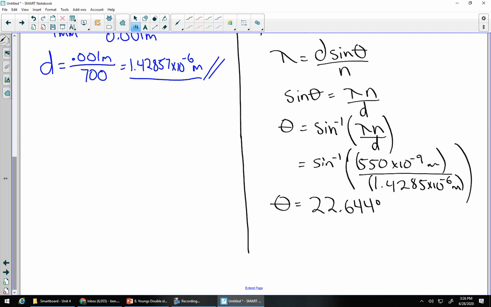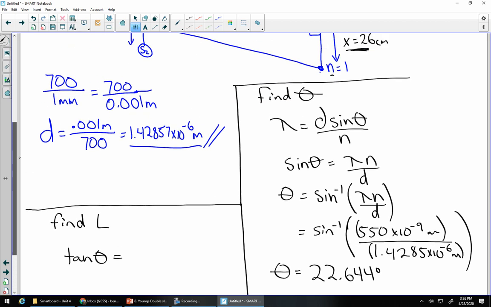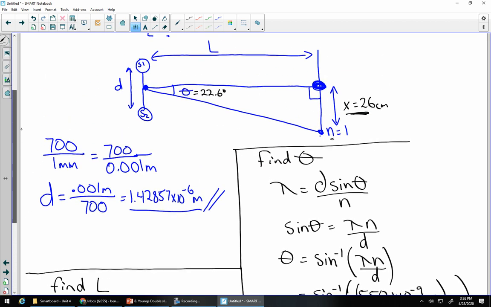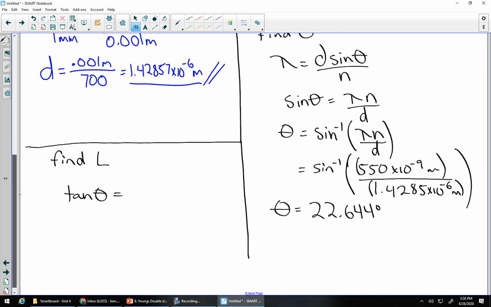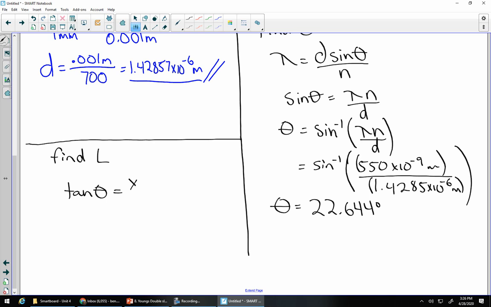This is getting a little bit messy, I am so sorry about this organization. So let's find L, and all we're going to do is say tan theta is equal to the opposite over adjacent. The opposite in this case is x, and the adjacent is L.